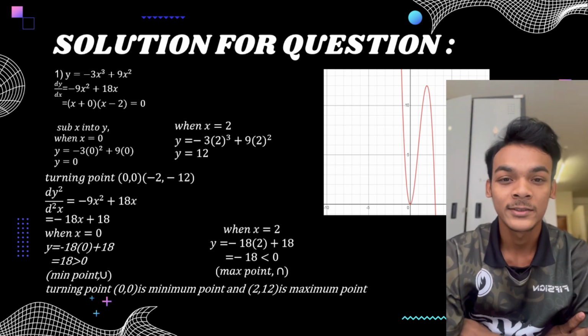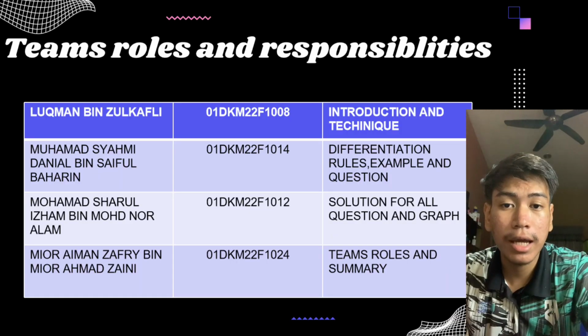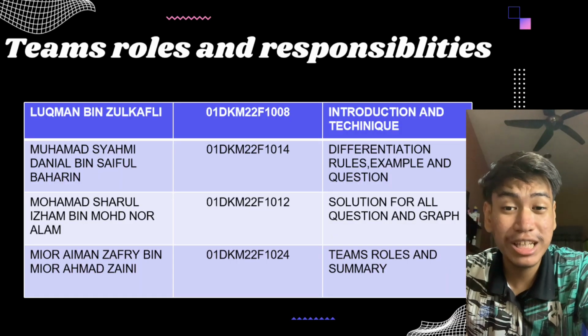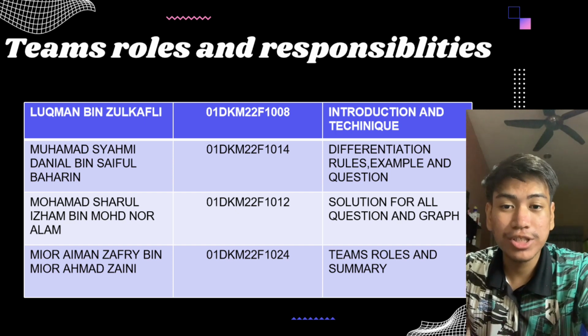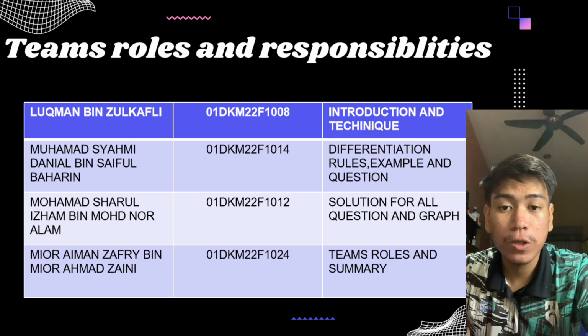So that's from me. Team roles and responsibilities. First is Luqman bin Zulkifli, matric number 01DKM22F1008. He did the introduction and techniques. Second is Muhammad Syami Daniel bin Saiful Baharin, matric number 01DKM22F1014. He did differentiation rules, examples and question.